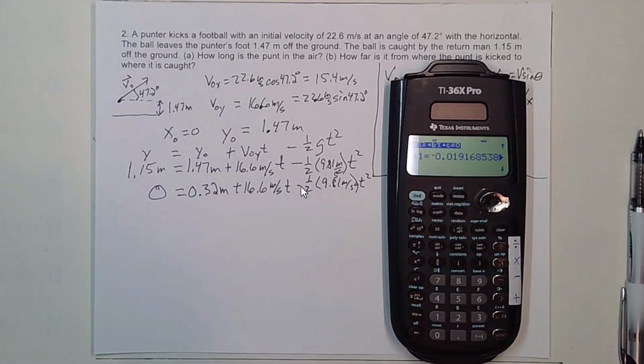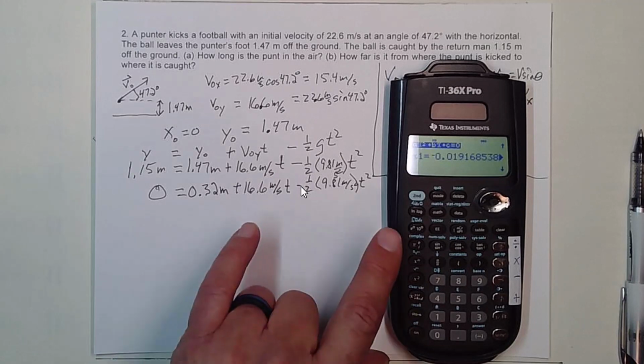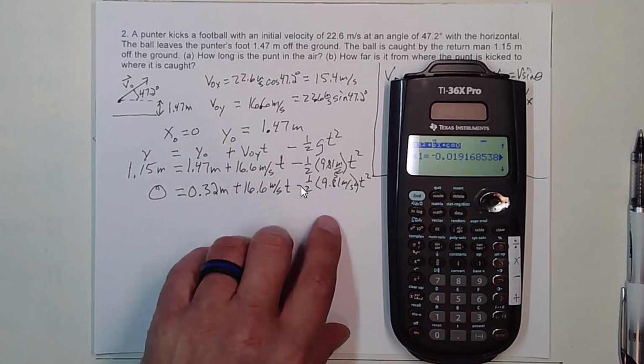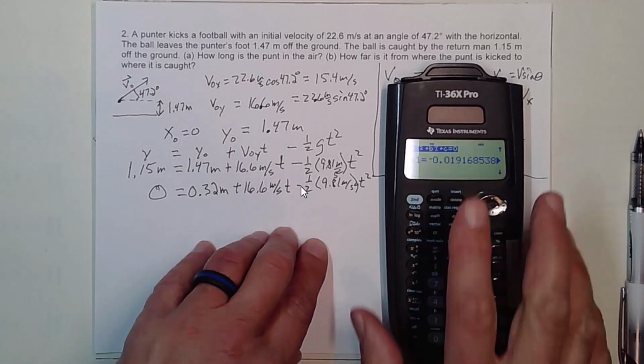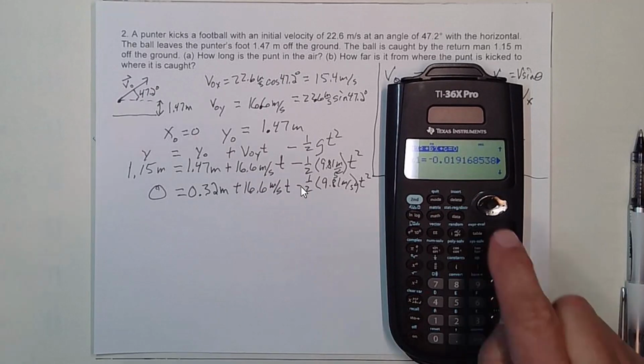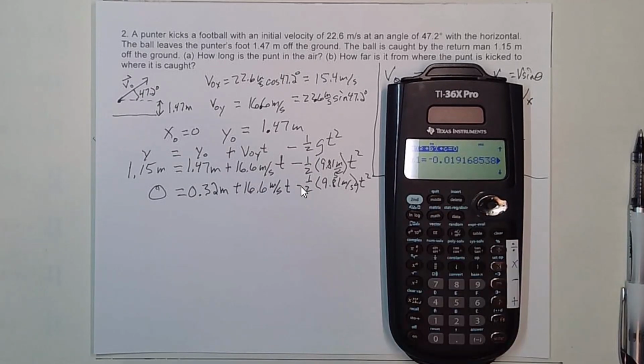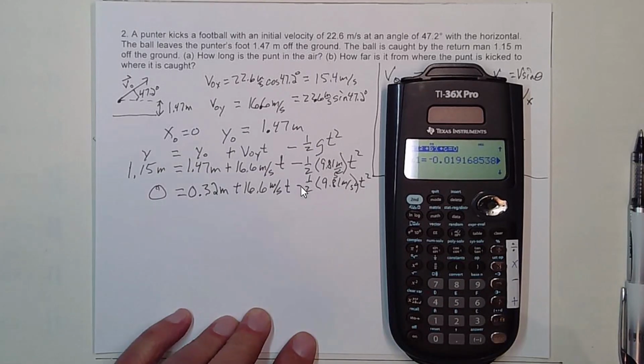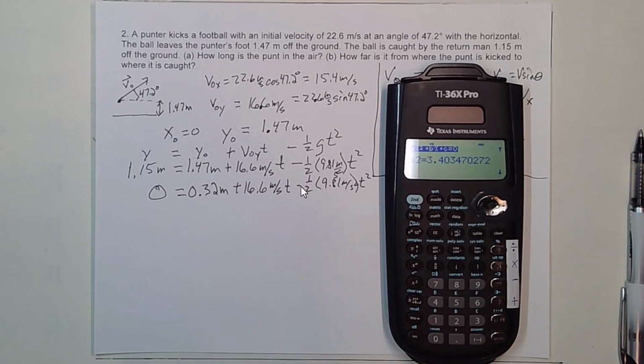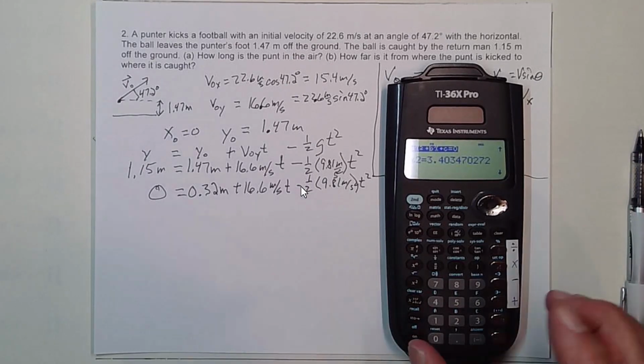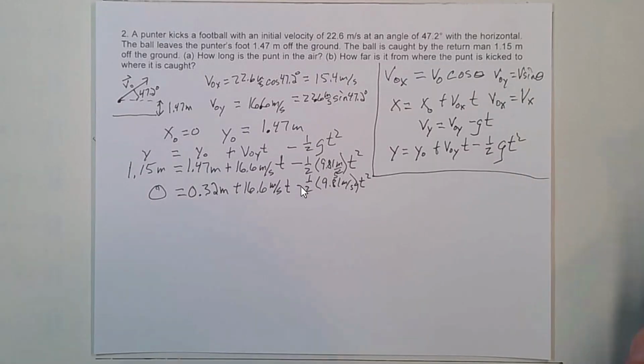One of the roots is negative. With this equation, that would be when, on the way up, the ball happened to be 1.15 meters above the ground. It's basically 2/100ths of a second. And then if I hit enter again, it should give me the second root. Okay, t2 is 3.40 seconds, and I'll go with that one.